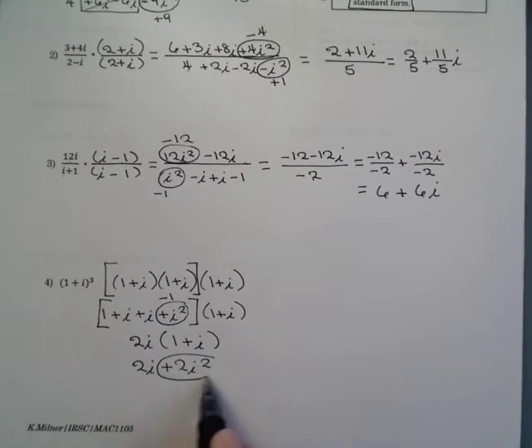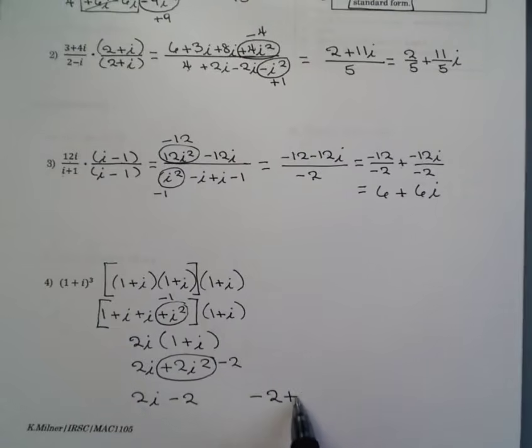Once again, 2i squared, that's really negative 2. So what do I have? I have 2i minus 2. It's in the wrong format, though, isn't it? It needs to be a plus bi. Well, a is a negative number. It's negative 2. And the i term is positive, so it's negative 2 plus 2i.